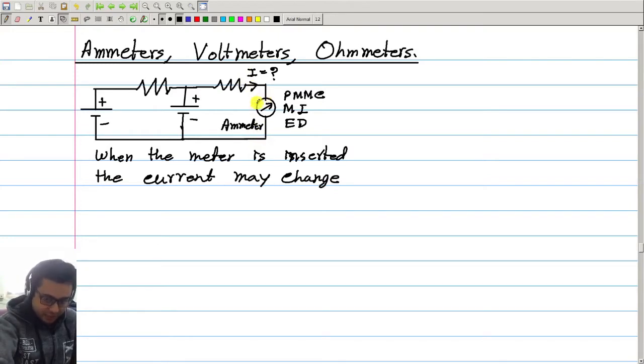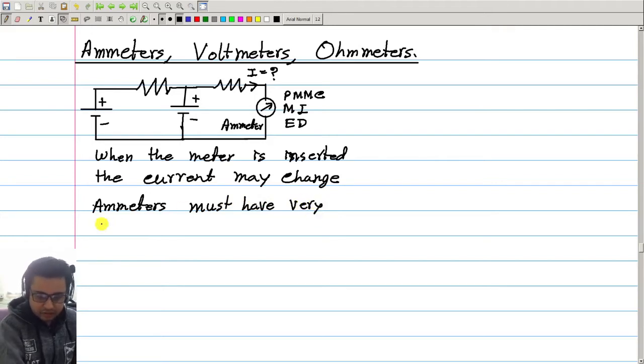Ideally, if the internal resistance of the ammeter is 0, then it acts like a short circuit, and it is not changing the circuit, so the current will remain the same. So ammeters must have very small internal impedance or resistance.